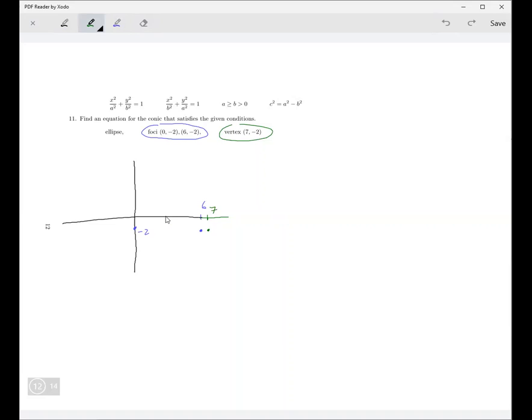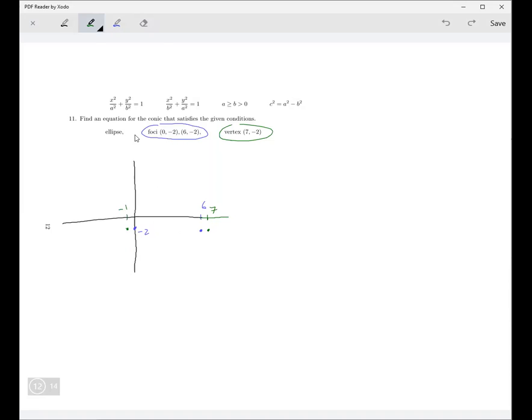Not going to worry too much about the details. So that means that you'll have another vertex down here at negative 1, because this distance is 1 between this vertex and that focus, then the distance between these two is also going to be 1. So this is going to put another vertex here at negative 1.